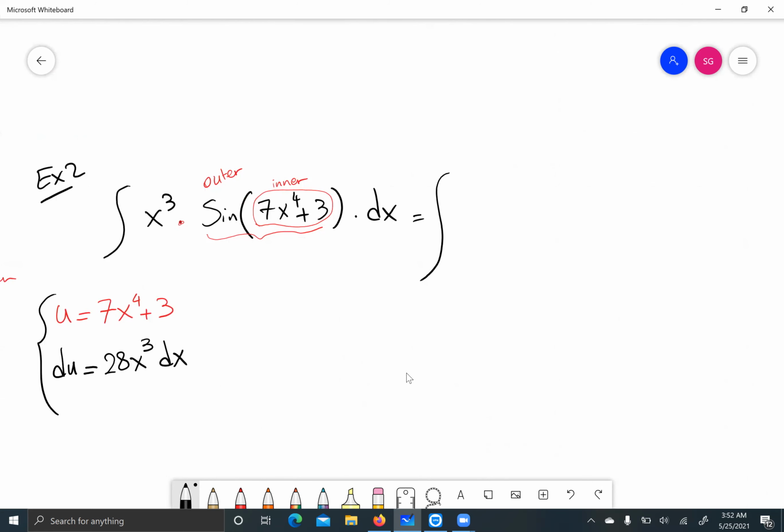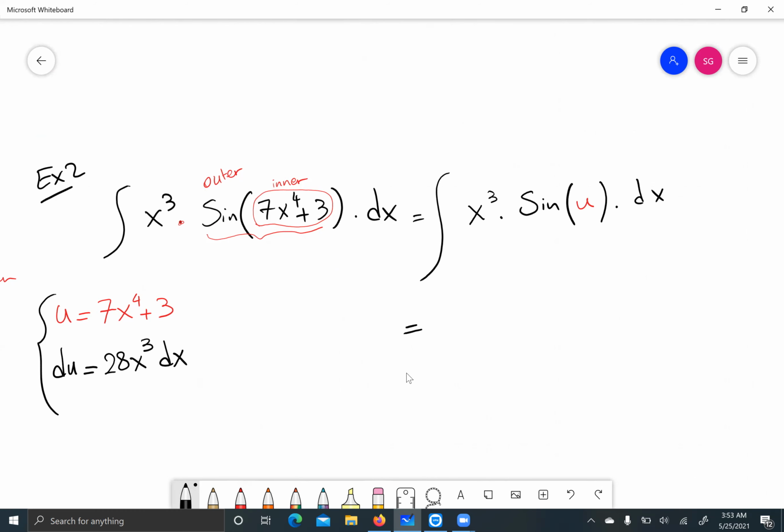So it's going to be, what do we have here? x cubed times sine of u times dx.